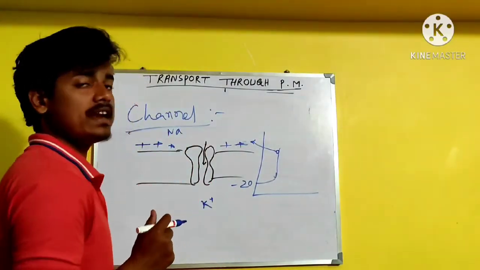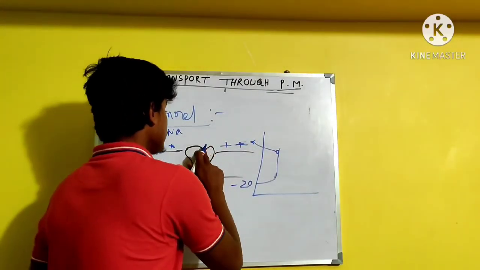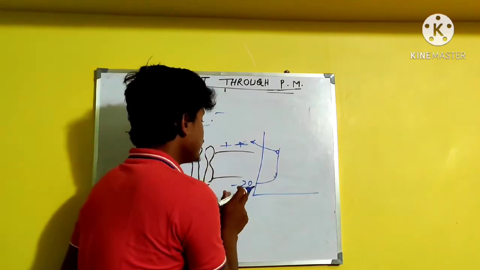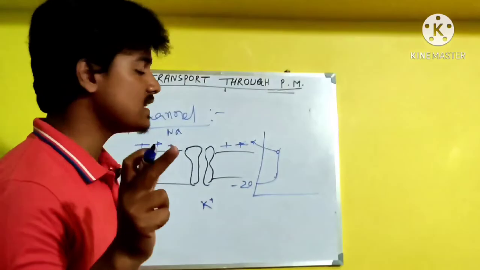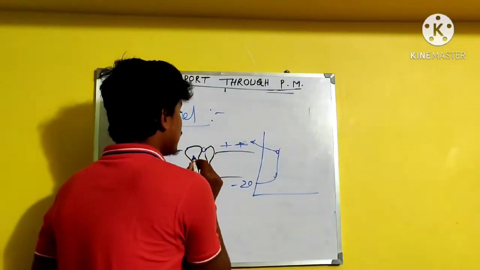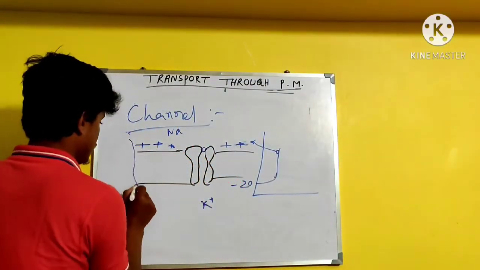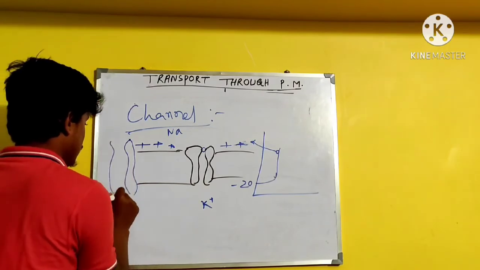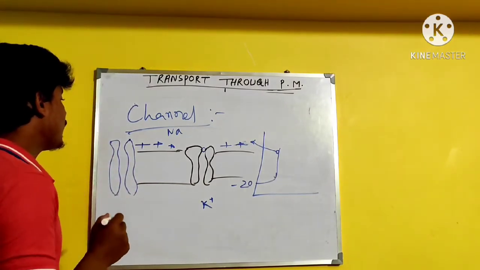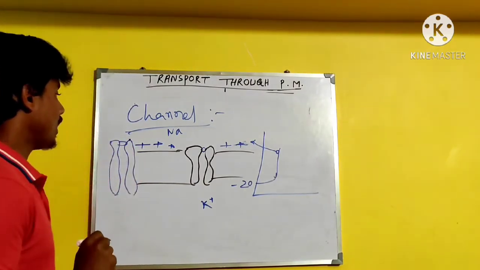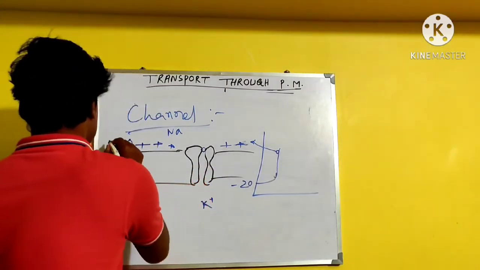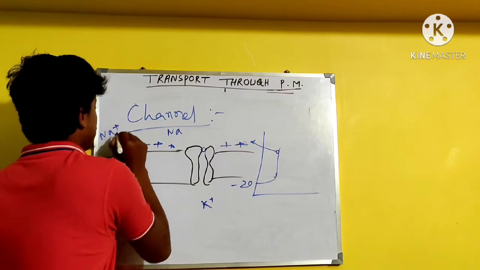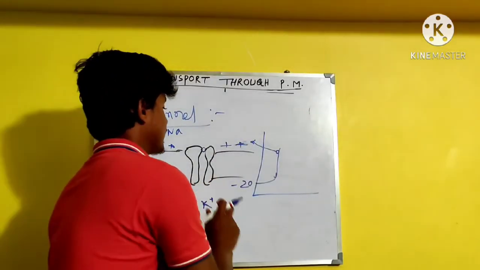When does Na plus enter? When the cell is at resting membrane potential, this is the Na plus channel and this is the K plus channel.